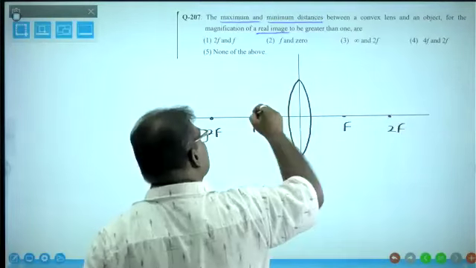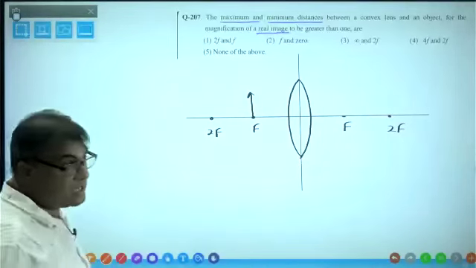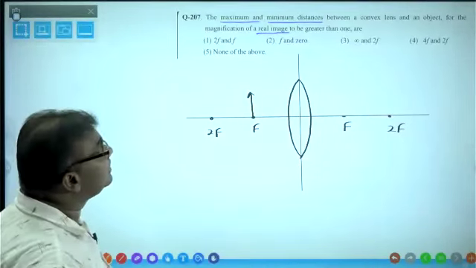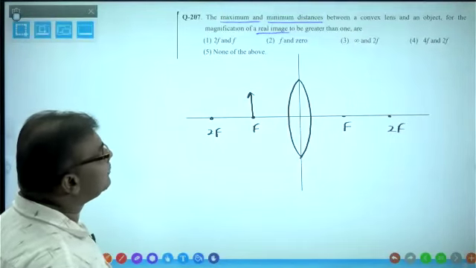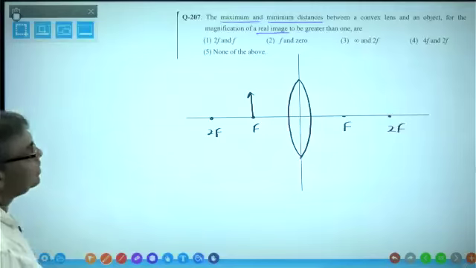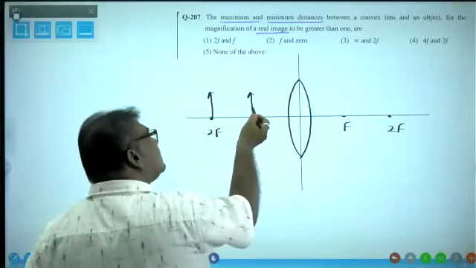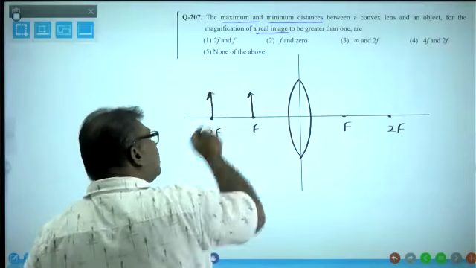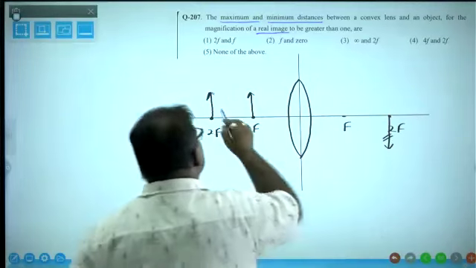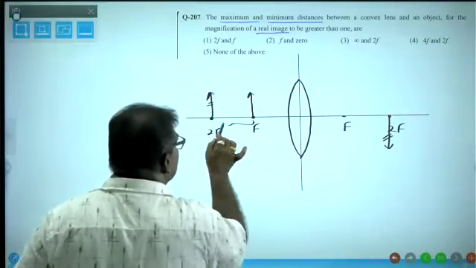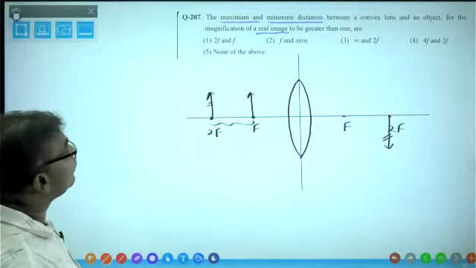When you keep an object here, at F, the image distance is infinitely long, so infinite magnification is available by keeping the object on F. If you keep the object on 2F, the image forms at 2F as well, with the same size. Then from here to here, you can manage the object distance in between F and 2F.